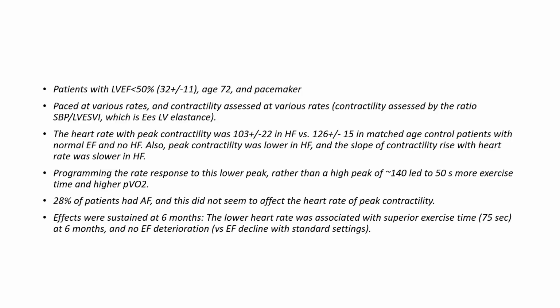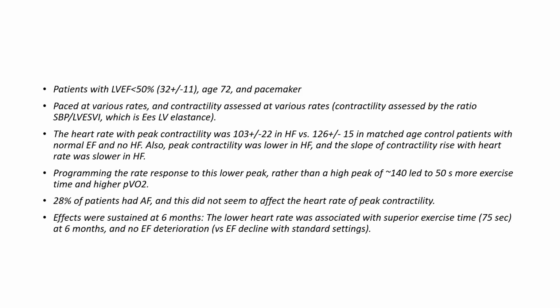The heart rate with peak contractility was 103 plus or minus 22 in heart failure with reduced EF versus 126 plus or minus 15 in matched age-controlled patients with no heart failure. Also, the slope of contractility rise with heart rate was slower in heart failure.